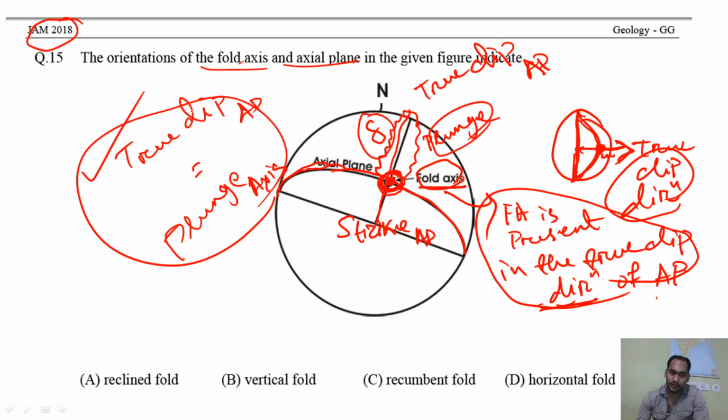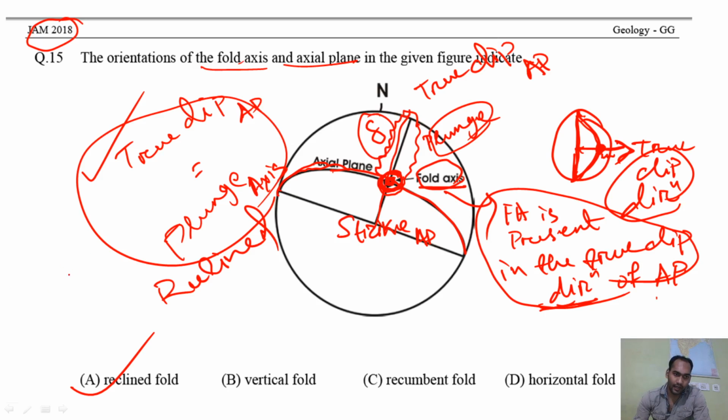So this is a case of reclined fold. Okay, the definition of a reclined fold is that the fold axis plunges in the direction of the axial plane. The plunge of the fold axis is the same as the true dip of the axial plane, right?